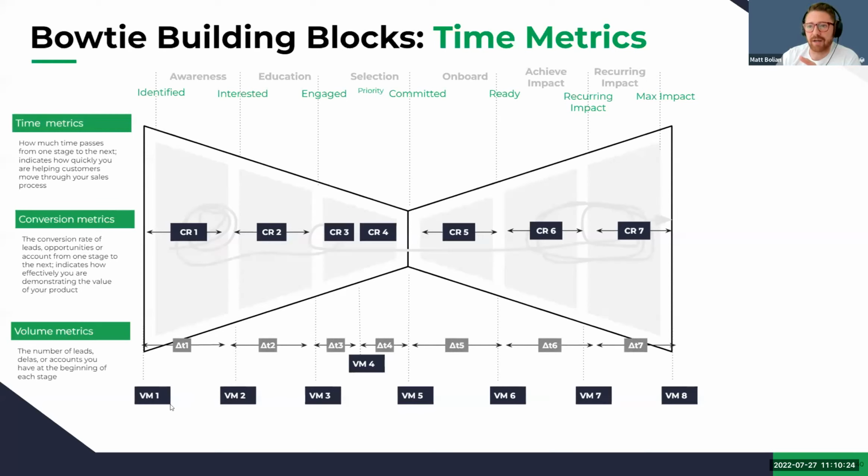So if you look at the bottom, time metrics, if we have volume, where you are from point A to point B, and we know the ratio that's converted, we then can start saying how long is that person in this stage. So then we get to do very common things that we hear a lot, which is, hey, how long is this sales cycle? And uncommon things that we also need to think through, which is, what's my time to live, or how long is it taking me to onboard? What's my contract length? And if you're able to put all these in one system, it is rocket fuel.